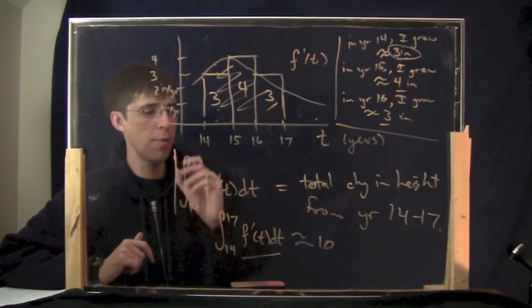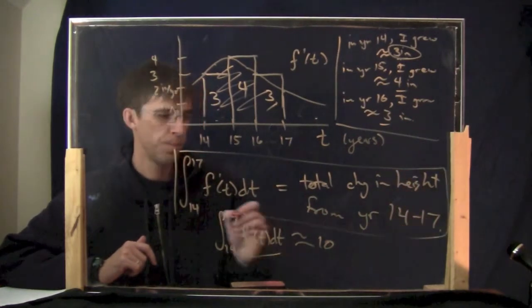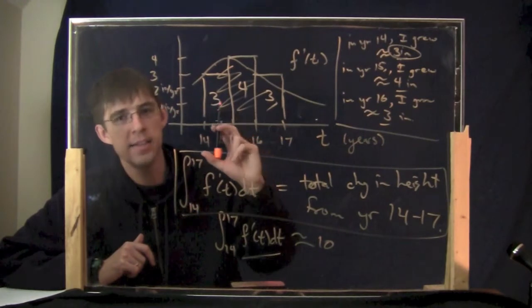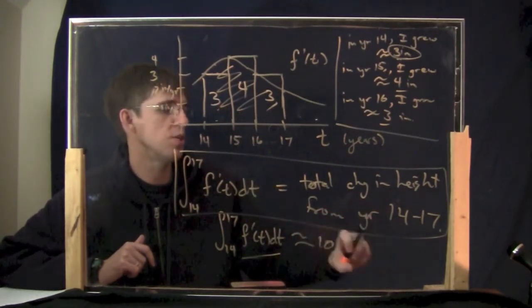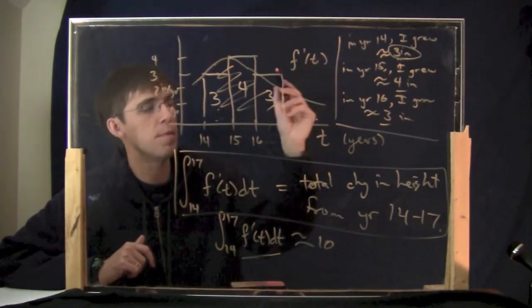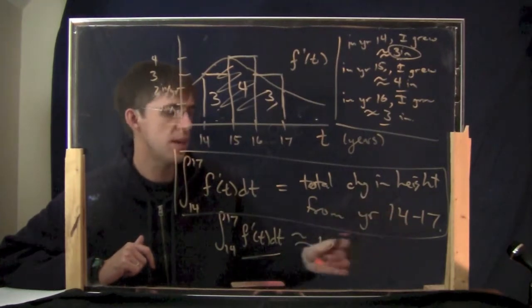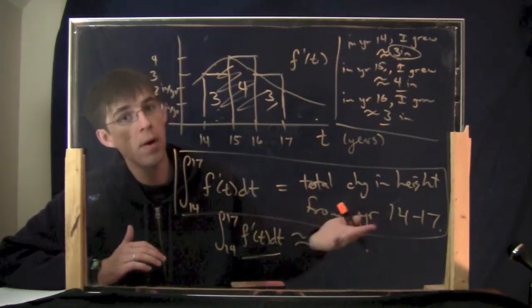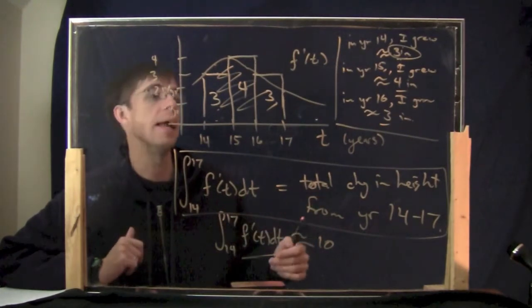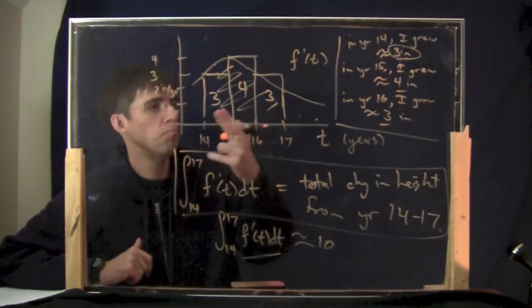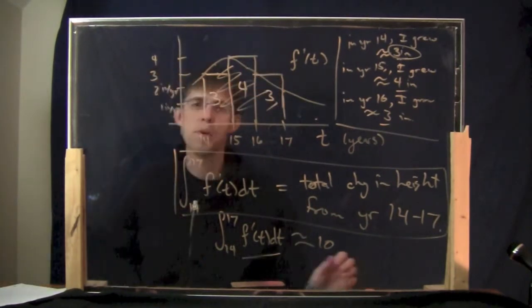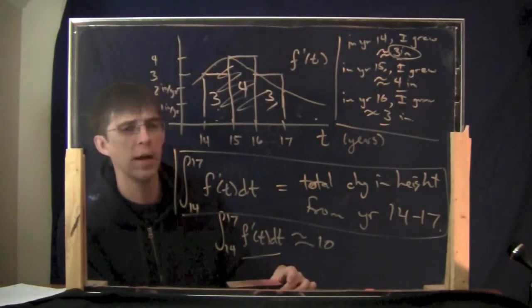So I hope you're convinced by now: the area under the curve here is exactly the same as the total change in my height. That is not the derivative, but the original function. So these two things are the same number, about 10. You can get more accurate if you want by drawing more rectangles, but I didn't give you an equation, so it's hard to get any more accurate than that.